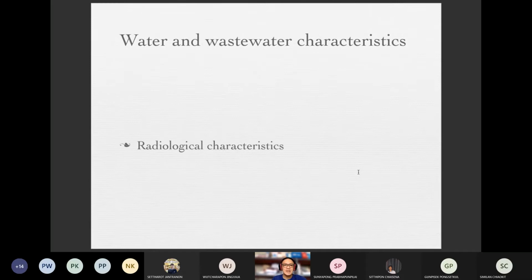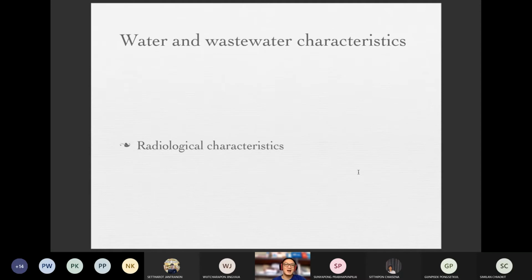Radiological characteristics, some impurities like uranium or radon, but this kind of characteristic in Thailand we are not paying much attention to, because the sources of radiological substances are in very few places.